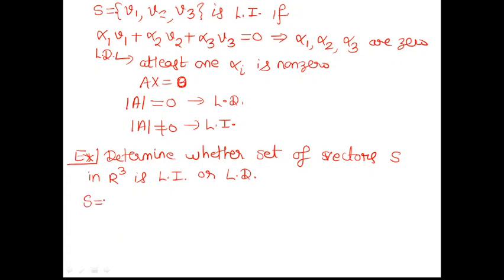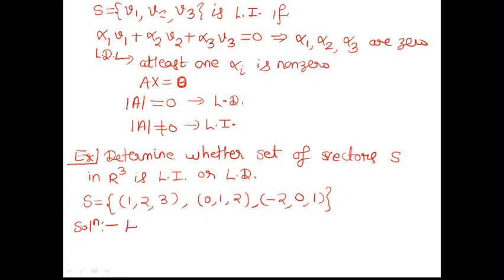Set S is given as: the first vector is 1, 2, 3, the second vector is 0, 1, 2, and the third vector is minus 2, 0, 1. Let us check whether this set is linearly independent or dependent.